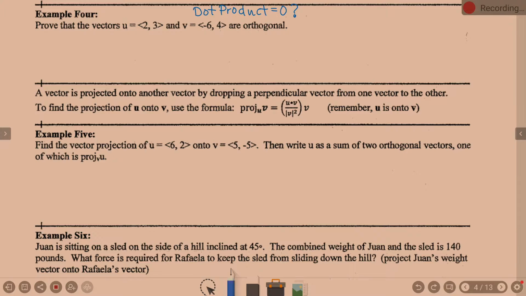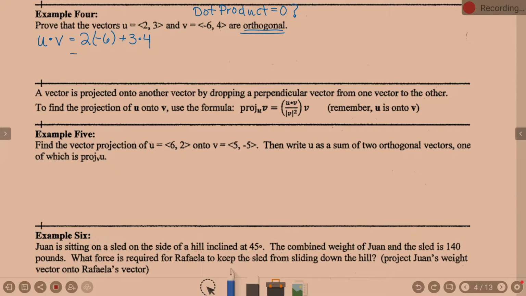So, here we go. u dot v: product of the first two plus product of the last two. So 2 times negative 6 plus 3 times 4.